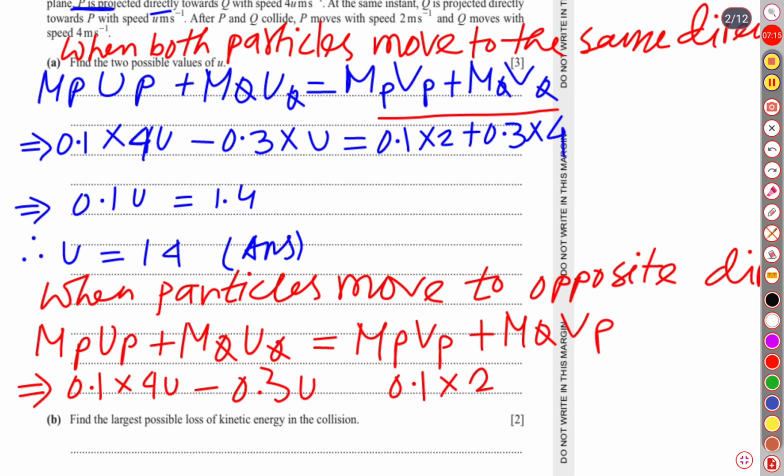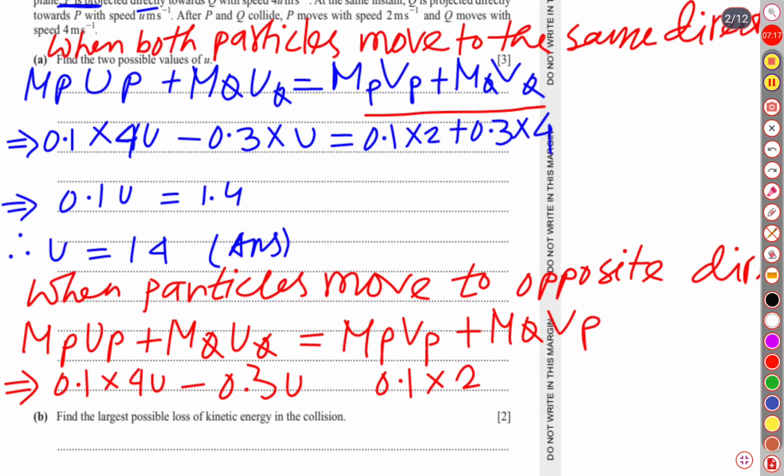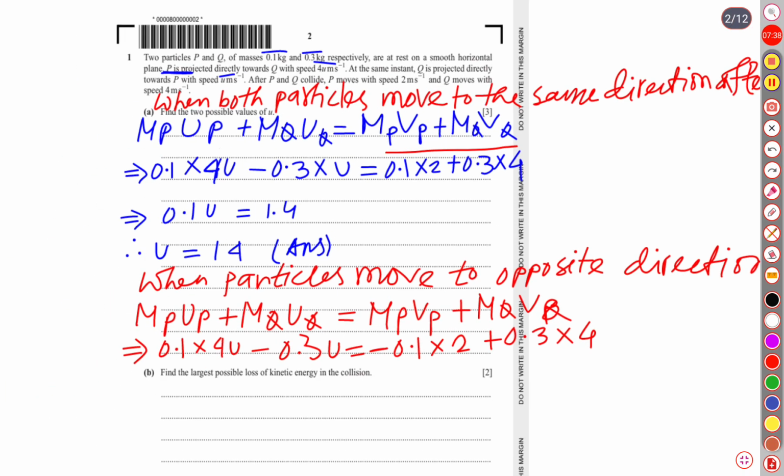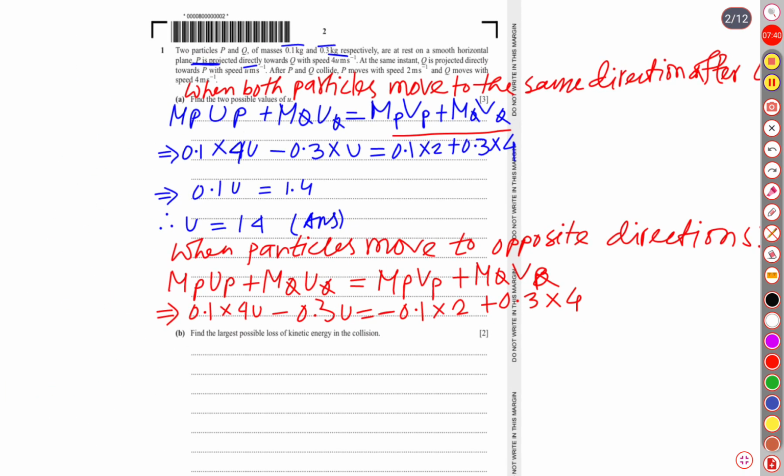That's why the symbol of P will be negative. Plus M_Q, mass of particle Q is 0.3, and final velocity of particle Q was 4. Then let me write somewhere else beside this.